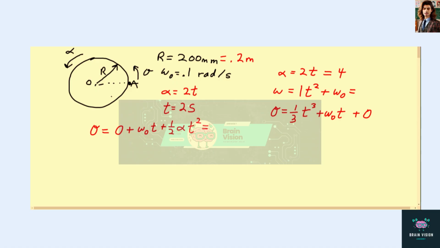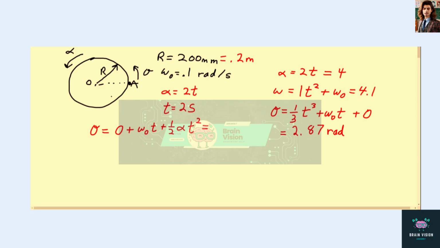Our angular velocity will be 1 times 2 squared, so that's 4, plus the initial angular velocity, which was just 0.1, so this will be 4.1 radians per second, and our position will be 1/3 t cubed, which will be 8/3 plus 0.1 times 2, so plus 0.2, or about 2.87 radians.